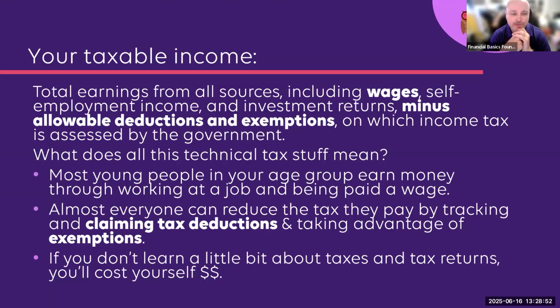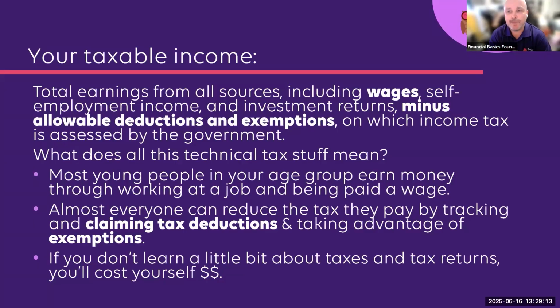So to talk about what is most specific to you guys: in general, most university students who are working, international or otherwise, earn money through some sort of job and being paid a wage. They get paid, and on that payment, they pay tax.